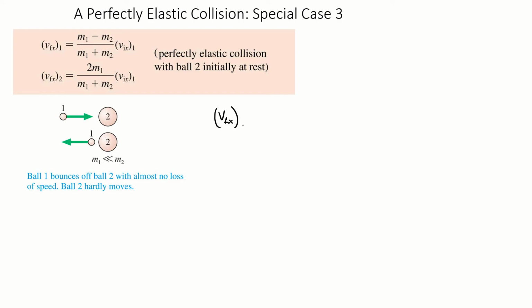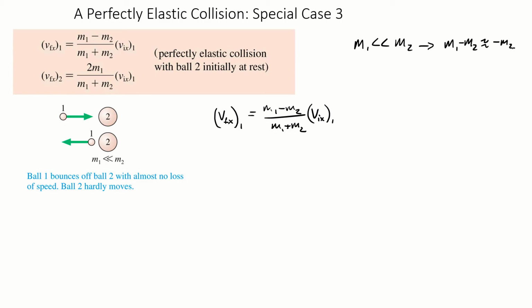The final velocity of that ping pong ball that we've thrown at the bowling ball is equal to m1 minus m2 over m1 plus m2 times the initial velocity of the ping pong ball, how we threw it. If m1 is much less than m2, then that implies that m1 minus m2 is essentially negative m2, right?